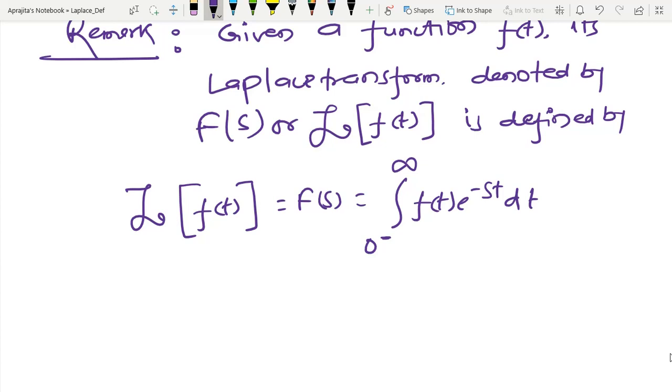At that time I am closing the switch at t equal to 0 minus, and after that we are seeing the response for t greater than or equal to 0. So somehow at 0 we have a certain kind of discontinuity.